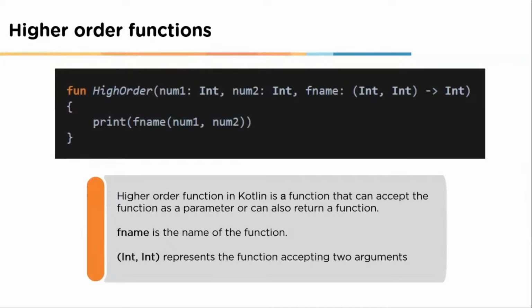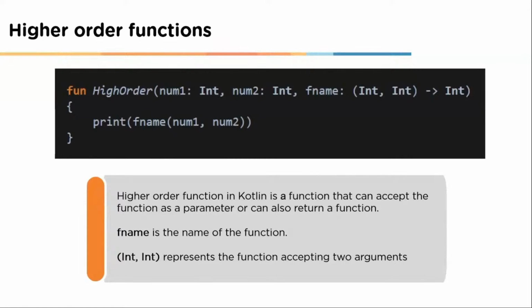As we can see in the example, the name of the function is highorder and it is accepting 2 integer values, num1 and num2, and a function whose name is fname. Now, this function fname is accepting 2 integer values and its return type is int. Inside the function body, we are calling the fname function and printing it.